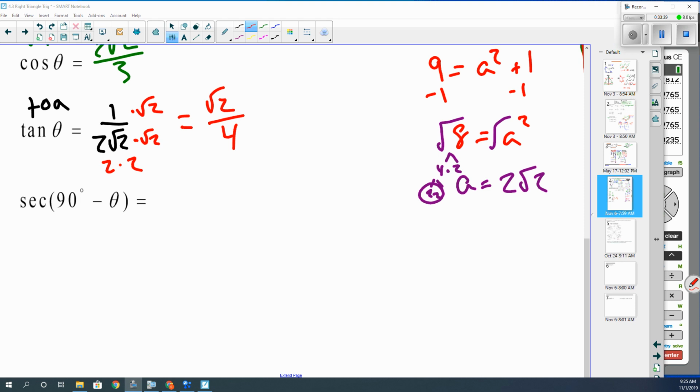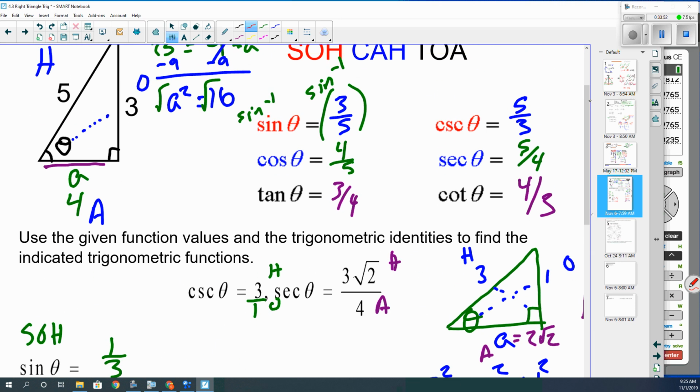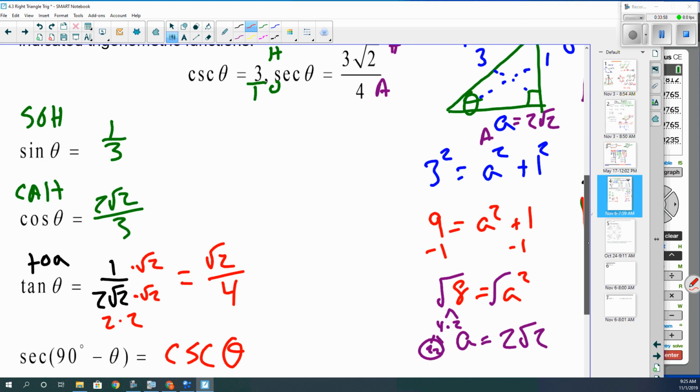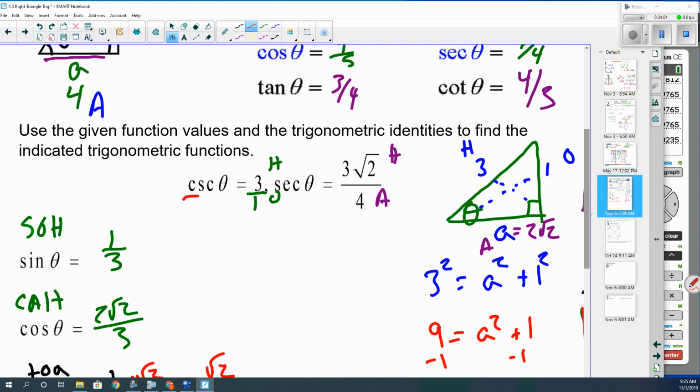So then this angle right here, secant of 90 degrees minus theta, I would know that that's equivalent to cosecant of theta. So cosecant is the reciprocal of sine, so I can just take whatever my sine answer is and flip it. So my sine answer was 1 over 3, so cosecant should be 3 over 1. I knew the cosecant, that was one of the things they had given me to begin with.